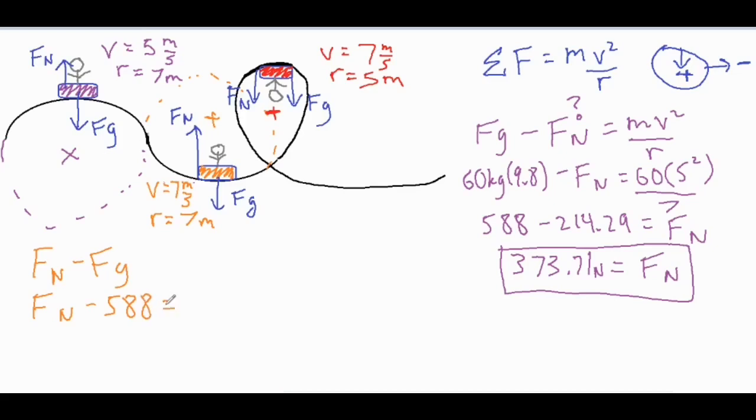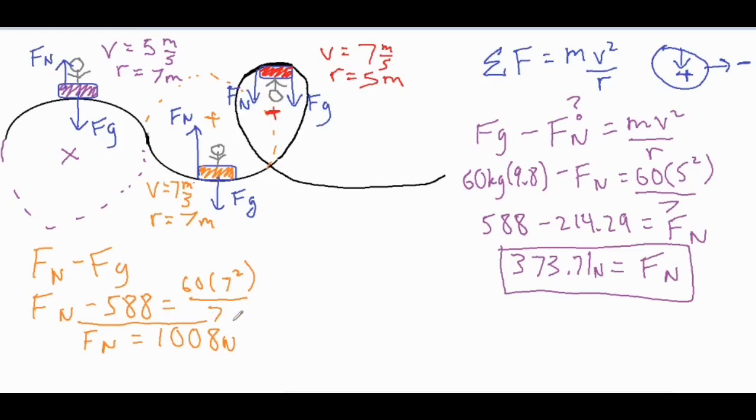We already know that's 588 newtons from our previous problem. And then if we plug in mv squared over r using the v and r provided, then we basically have everything we need. And then our Fn equals, and we add 588 to this number over here, which is 420, and we get 1008 newtons.